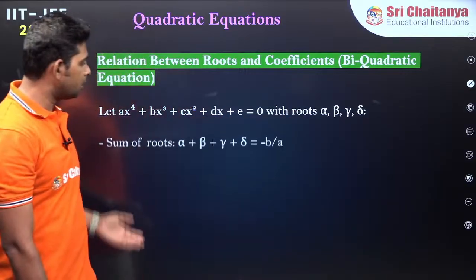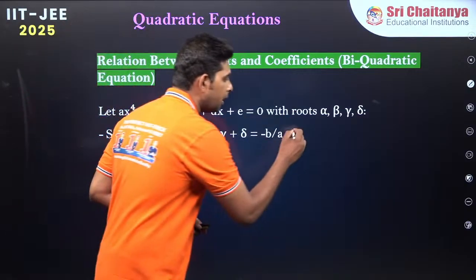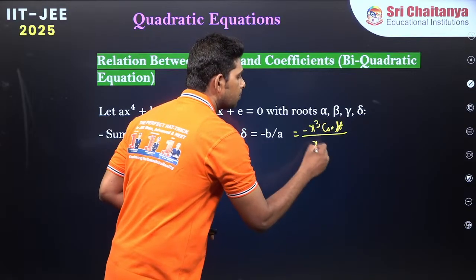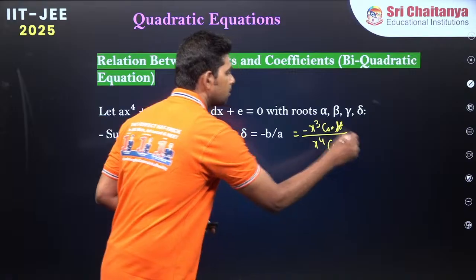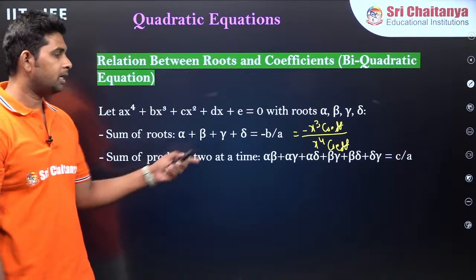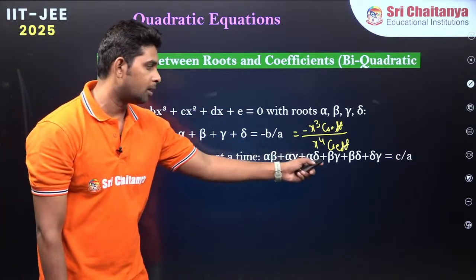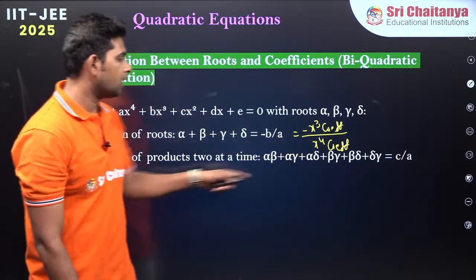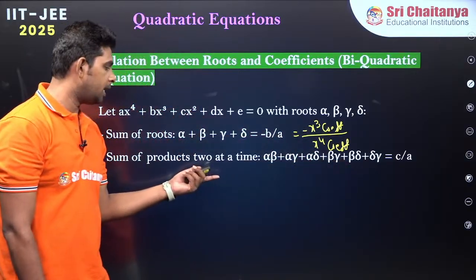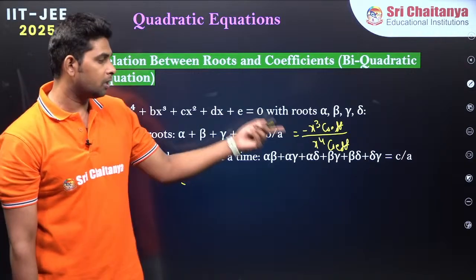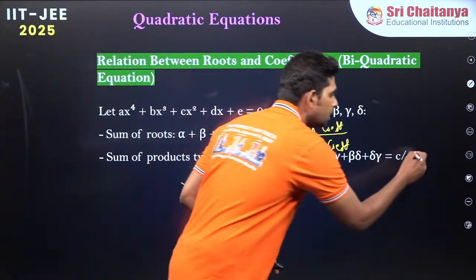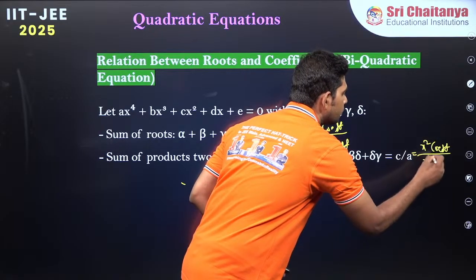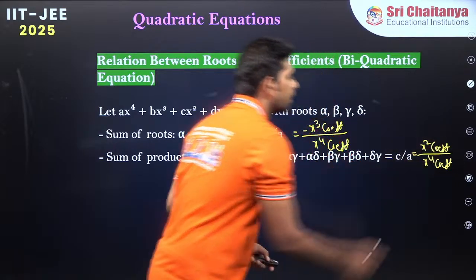Sum of the roots is going to be minus x cube coefficient divided by x power 4 coefficient. Similarly, alpha beta plus alpha gamma plus alpha delta plus beta gamma plus beta delta plus gamma delta represents the sum of the product of the roots 2 at a time, which is going to be x square coefficient divided by x power 4 coefficient.